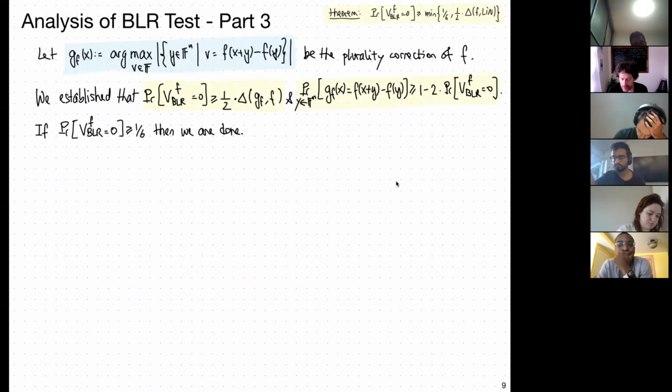So the point is that if this number is greater than 1/6, then we are done. But why are we done? Because remember, what we want to prove is this statement, right? So if this holds, then we are done in a trivial way. And in some sense, if you're trying to understand how people came up with this proof, in fact, this is reverse engineered.